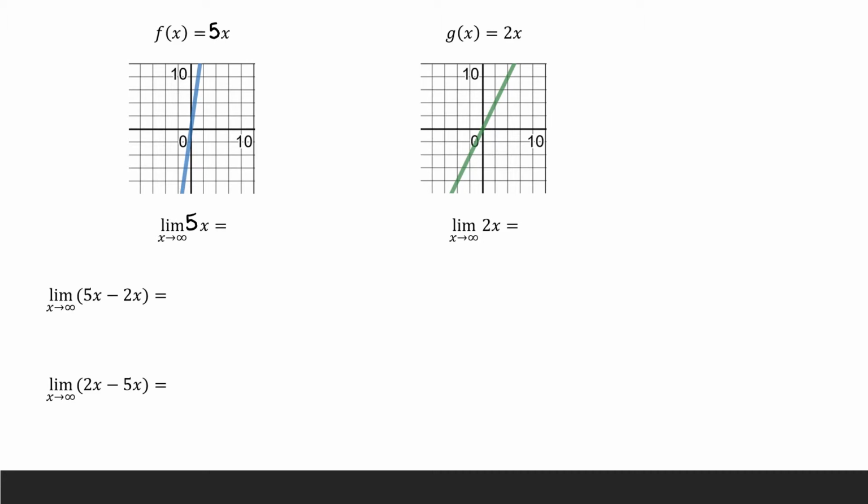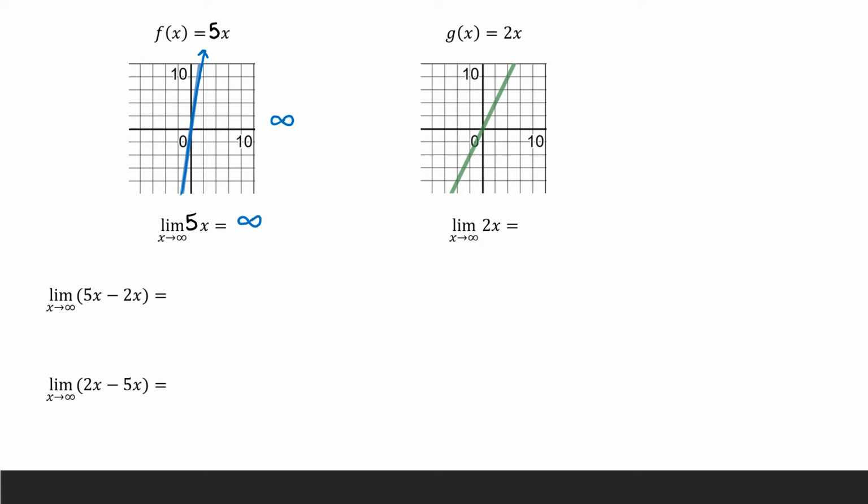Well, let's look at these two functions. We have f of x is equal to 5x and g of x is equal to 2x. If we look at the limit as x approaches infinity for 5x, we can tell that as x is going towards infinity, 5x is also going towards infinity.